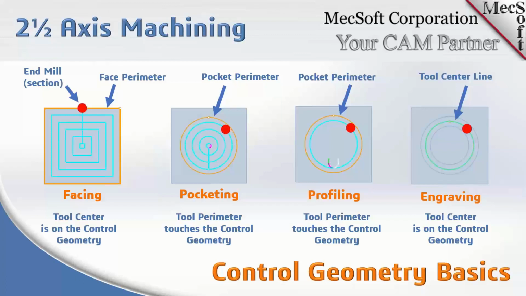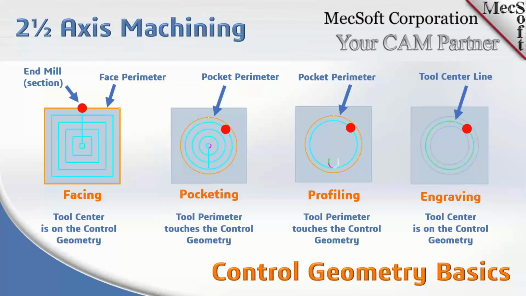So on the far left, in a facing operation, the tool center point of the tool will stop on the control geometry. So it's going to cut right up to the edge of the control geometry, and your tool is going to stop on the control geometry itself.